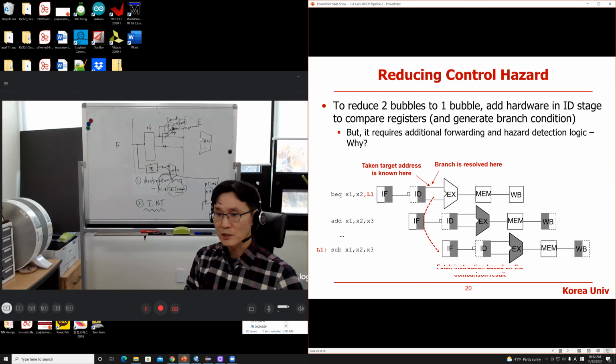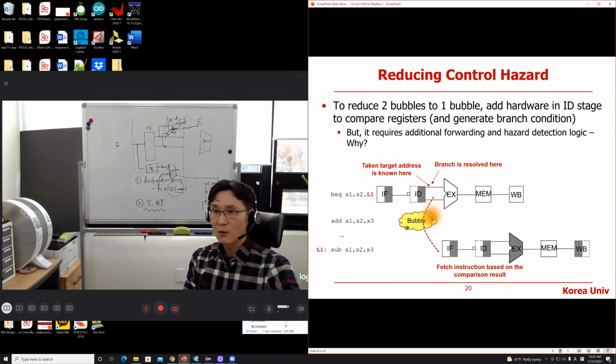Flushing out, nullify, changing that instruction into no operation, that is easy. We already know how to design that mechanism in hardware. Remember the load use case?